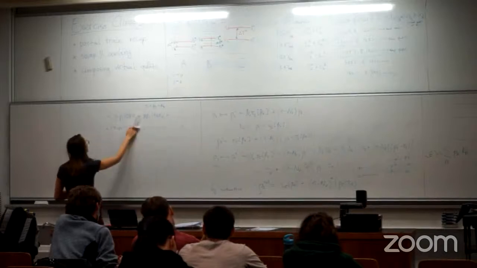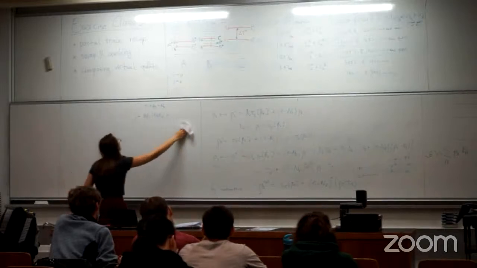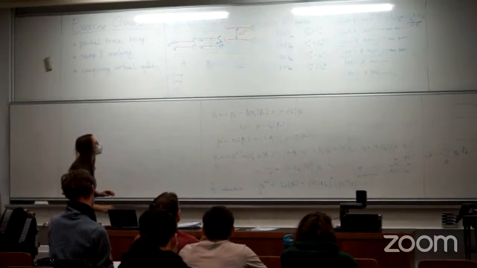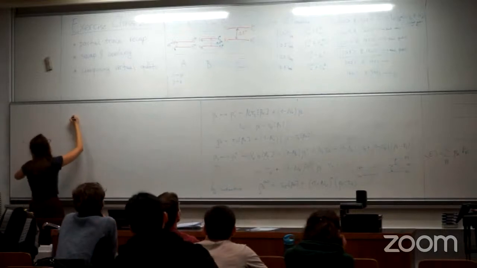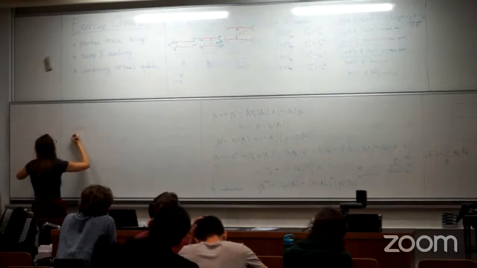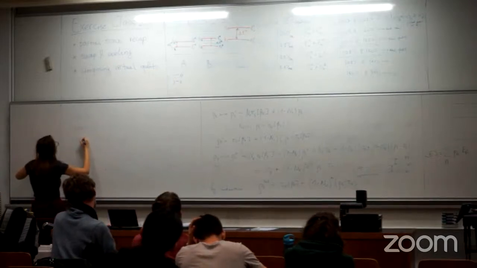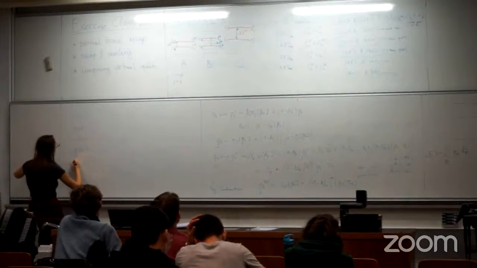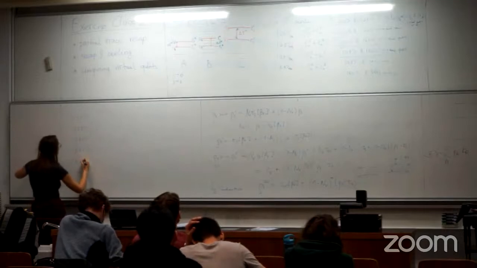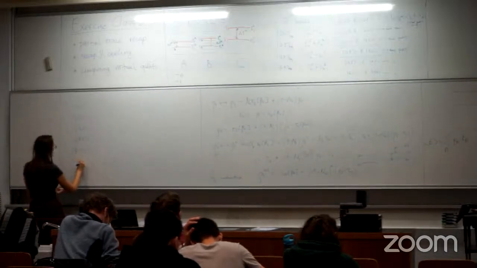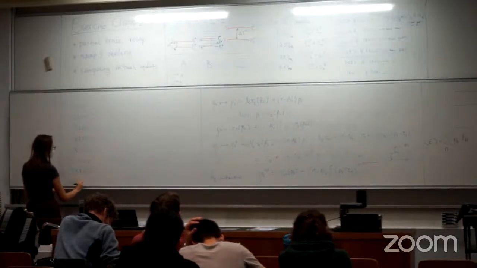So for 3 qubits, I have the following states. So 0, 0, 0, 0, 0, 1, 0, 1, 0, 0, 1, 1, 1, 0, 0, 1, 0, 1, 1, 1, 0, and 1, 1, 1.